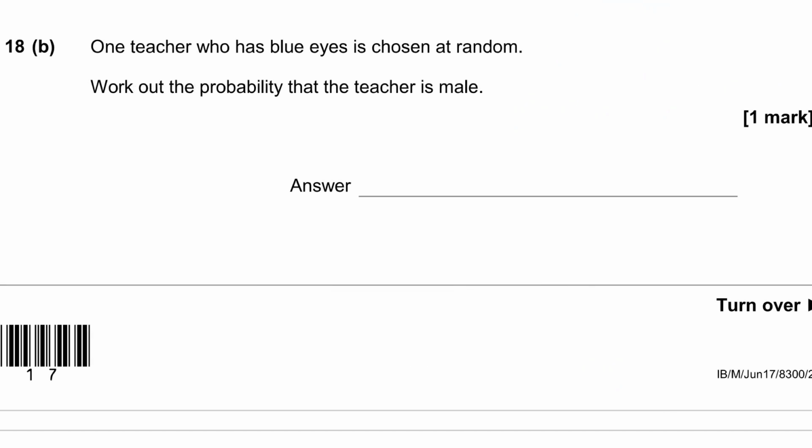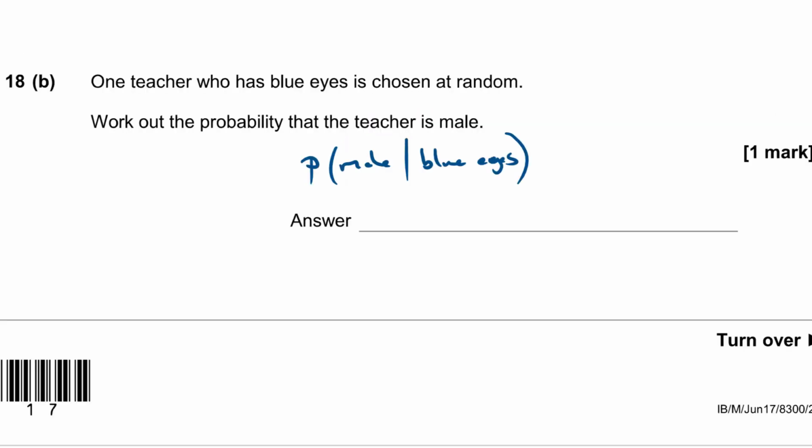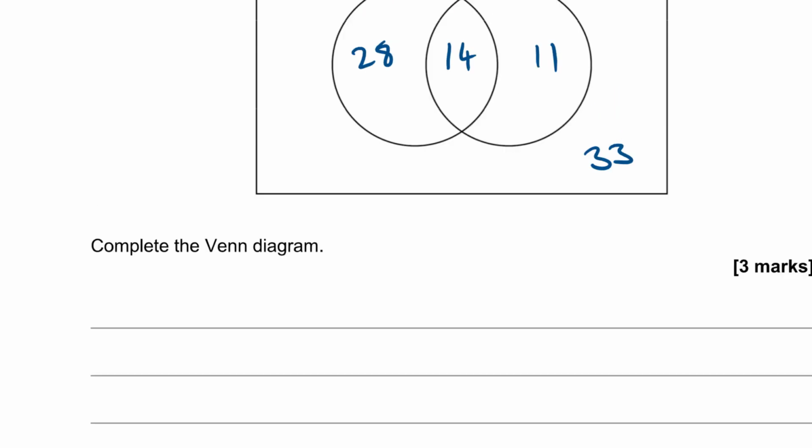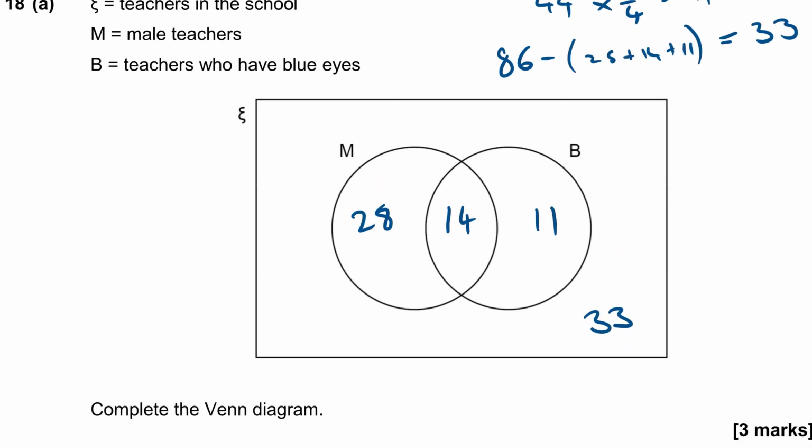Part B says one teacher who has blue eyes is chosen at random. Work out the probability that the teacher is male. So we want the probability that the teacher is male given that they have blue eyes. In other words, if we know that the teacher is in this group, what is the probability that they are here?